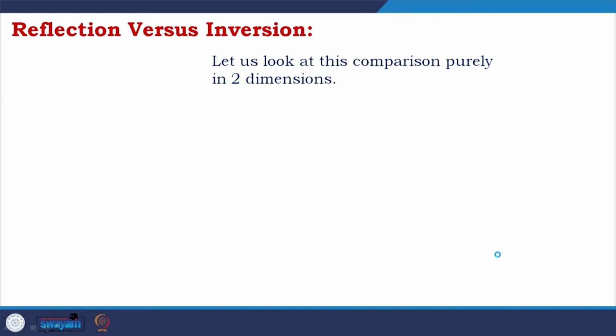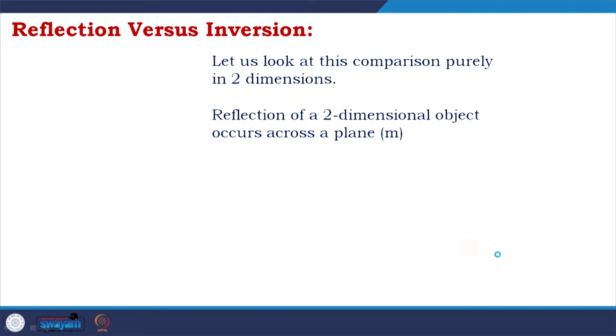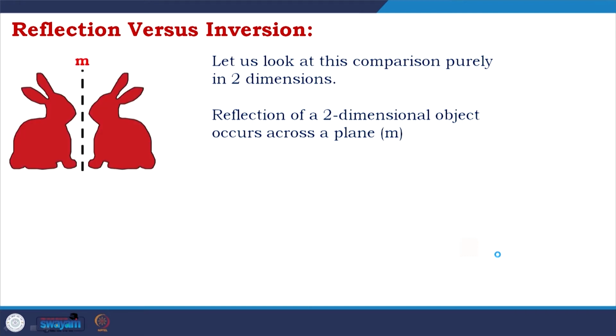Let us take a comparison to understand reflection and inversion. For that, let us look at this comparison purely in two dimensions first. Reflection of a two dimensional object occurs across a plane mirror. So, you see this is a reflection.